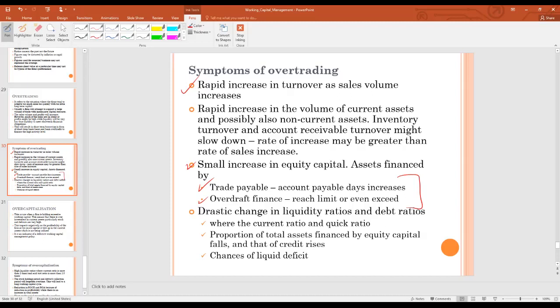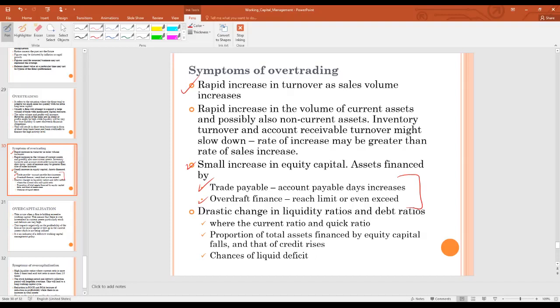Now, since the company is attempting to achieve higher sales levels, how is it going to be achieved? You have to entice your customer to come and buy from you. How do you entice them? By giving them, for example, high discounts, giving them a better number of days in credit terms compared to your competitors. So if your competitor is giving 10 days, you give them 40 days.